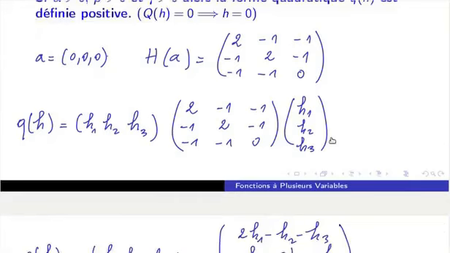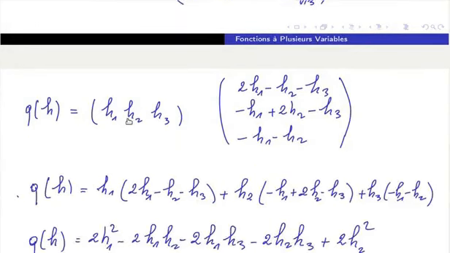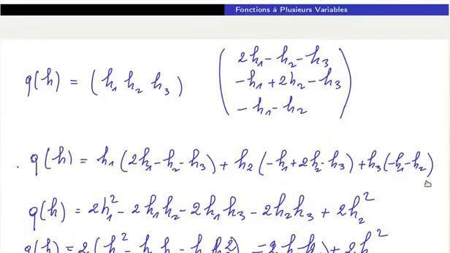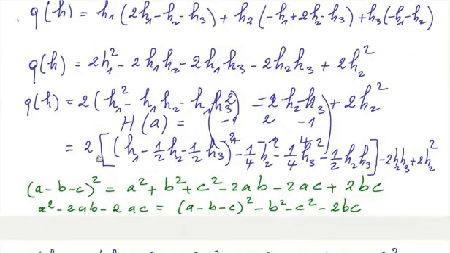Here we have the Hessian matrix. If we calculate Q2(h), we find, by multiplying the matrix by this column vector, and then this row vector, the following scalar. So when simplifying the calculations, we can group the terms in h1 and leave the others aside.